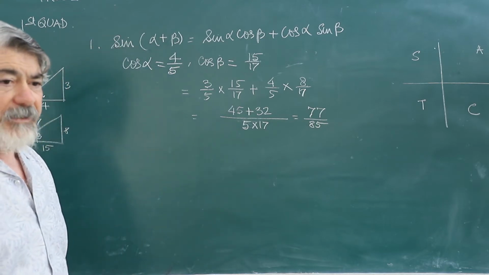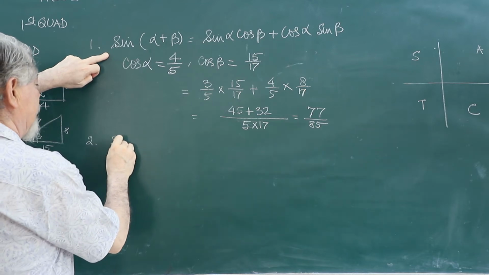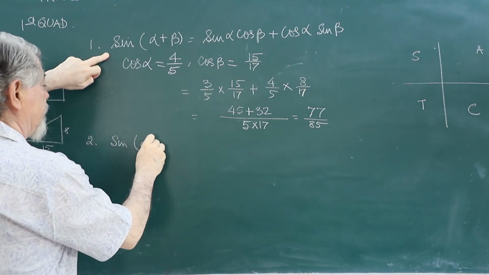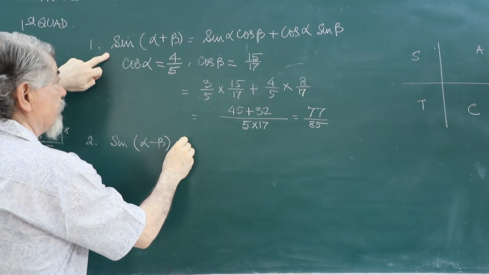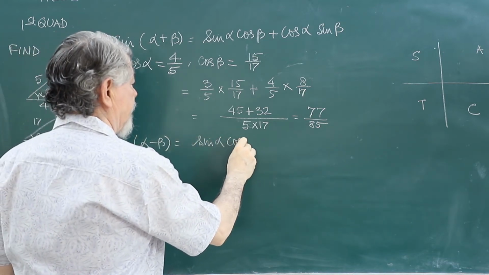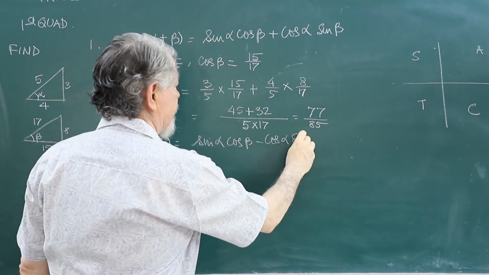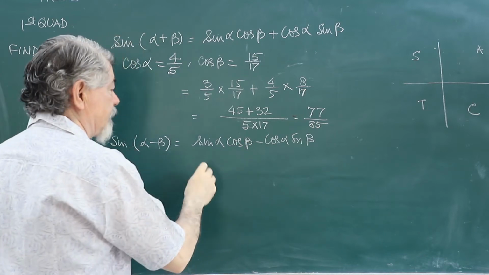So this value is 77 upon 85. Now if I have to calculate the second value, sine alpha minus beta, the only difference is sine alpha cos beta minus cos alpha sine beta. The values are the same except minus has come.